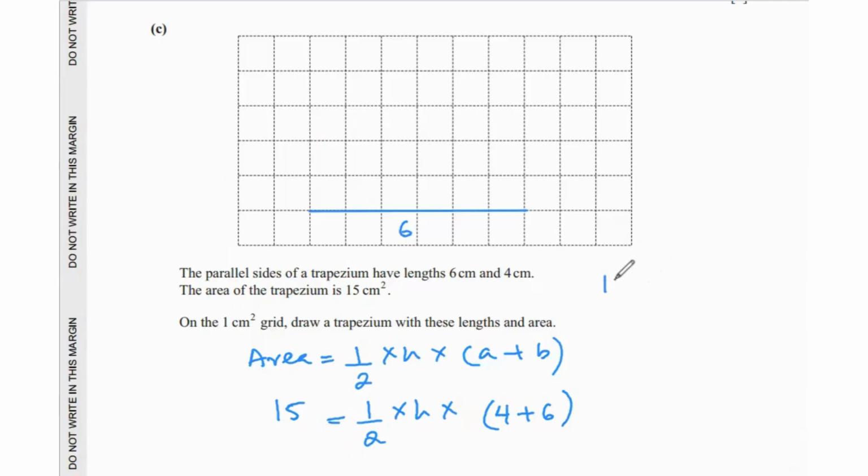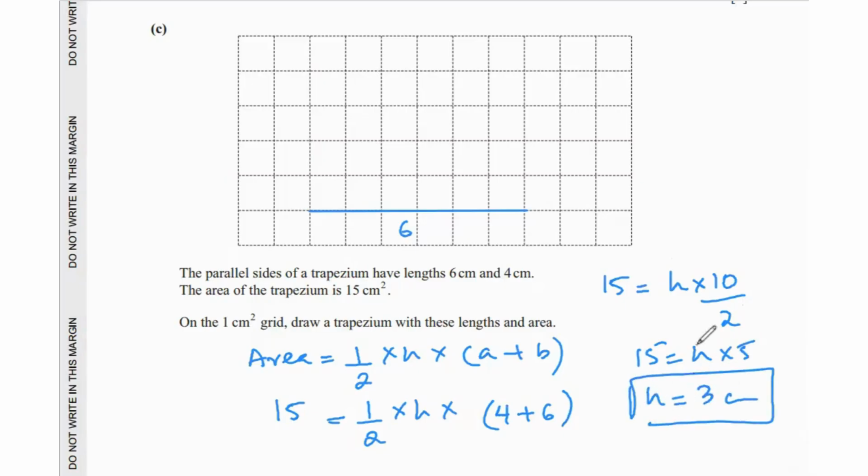So that's 15 equals h times 10 over 2. 15 equals h times 5, which means h is 3. 3 centimeters is the height of the trapezium. So 1, 2, 3, 4. This can be your trapezium. You have to make sure that the height is 3 centimeters and the parallel sides are 4 and 6.